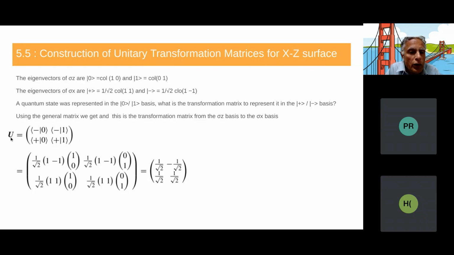So that means what? If the unitary matrix is a scalar multiplication of the spaces, that is the basis. In this case, we are moving from 0, 1 to plus, minus, right?